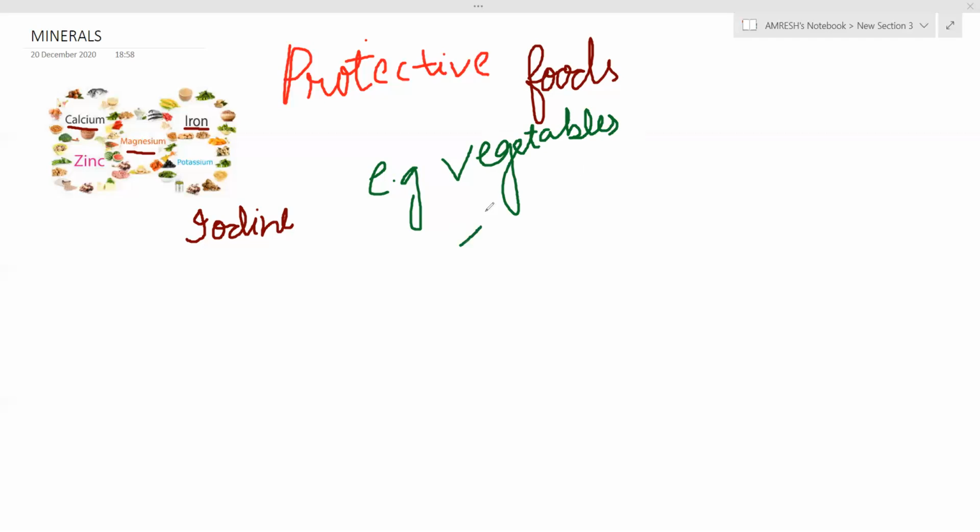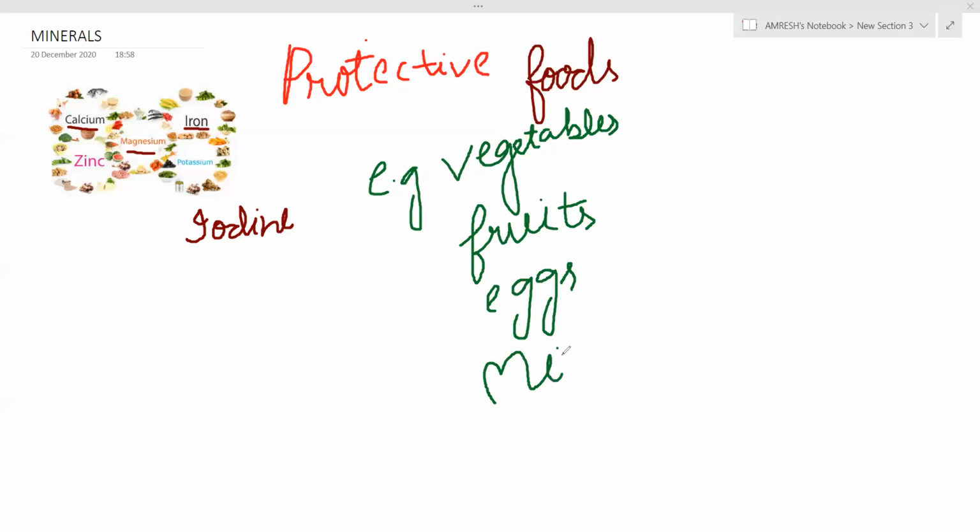Again, fruits are also very good source of mineral like iron, calcium. Okay, eggs, you get calcium mainly from eggs. Milk, you get egg, anda. You get calcium, good amount of calcium from the milk, doodh. And also spinach is very good for your bones.